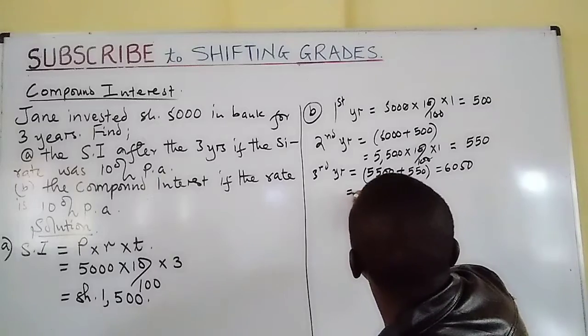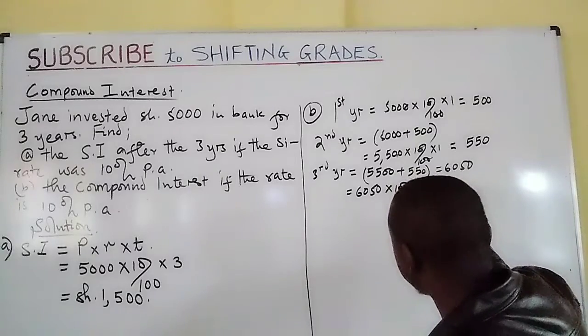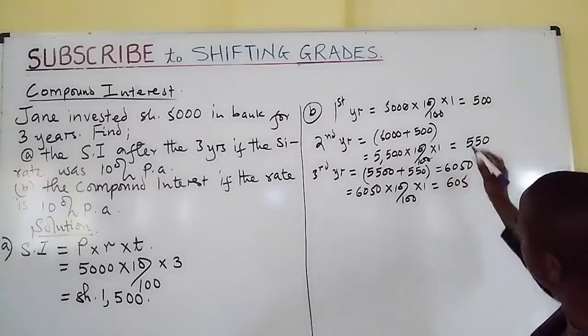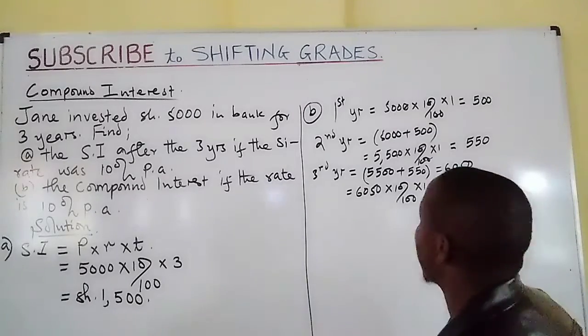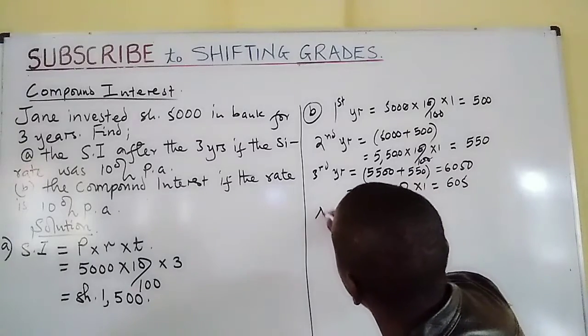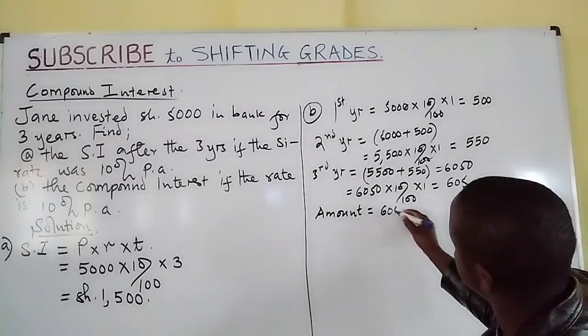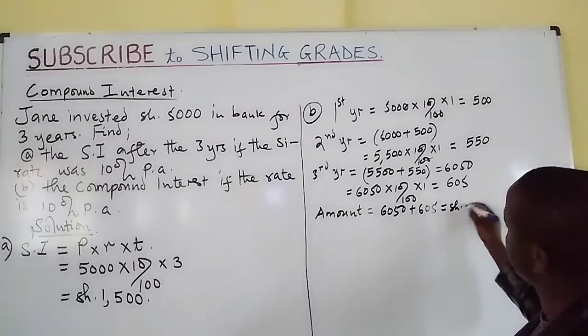So in the third year, we'll be having 6,050 by 10% times 1 year, the third year. So times 10 all over 100. This gives us 605. Therefore, at the end of the third year, the total amount now is 6,050, and during the third year, 605 interest was gained.